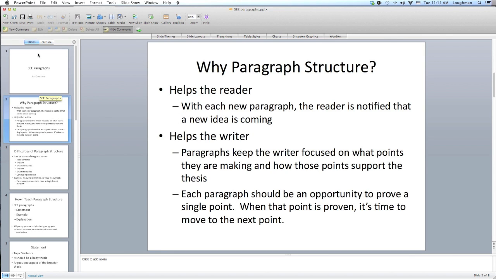A good place to start is why do we even care about paragraph structure? Why does it matter? It helps the reader. Everything we do when it comes to writing and writing structure is not done because your teacher wants to make life harder on you.